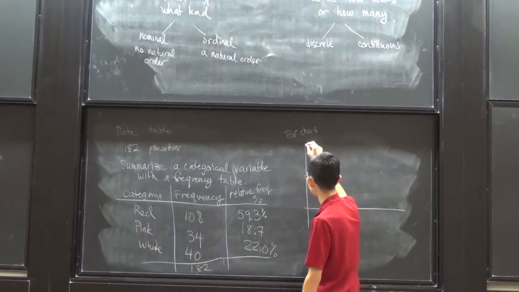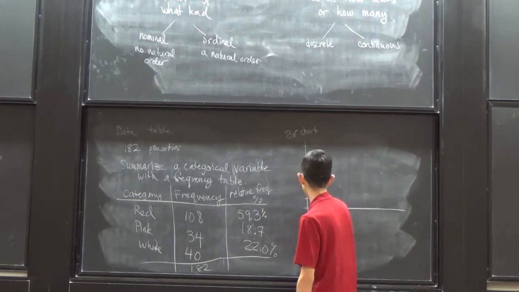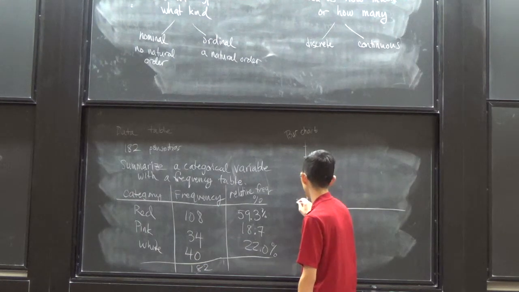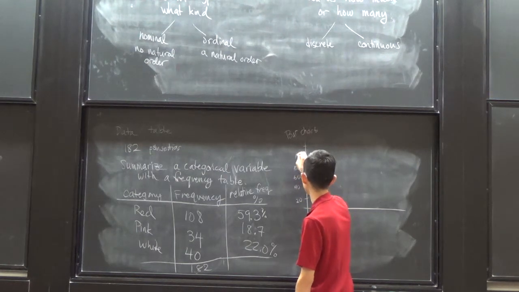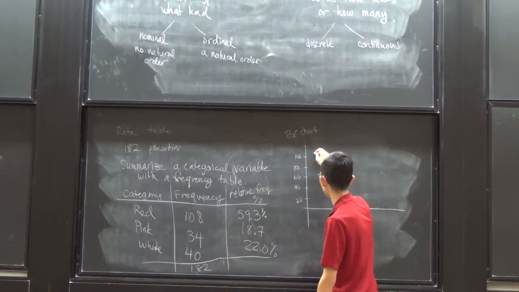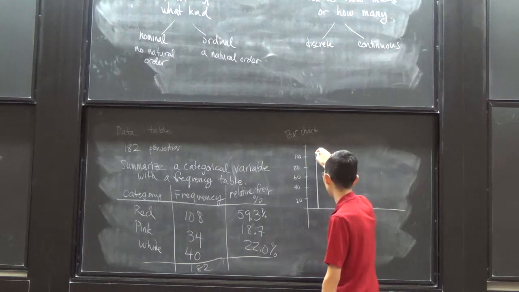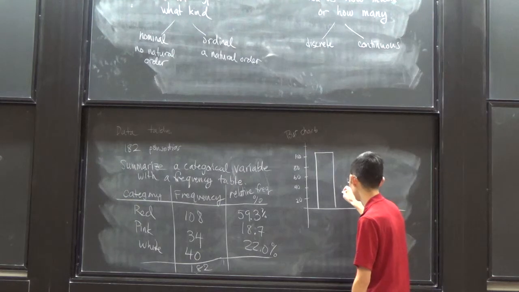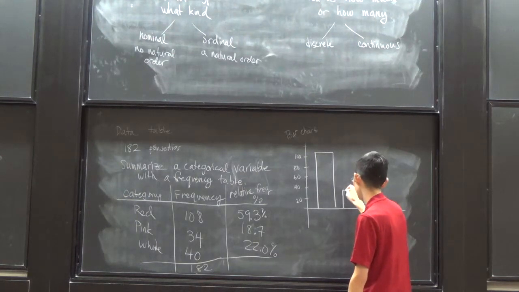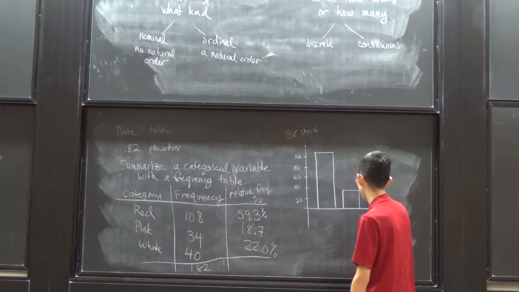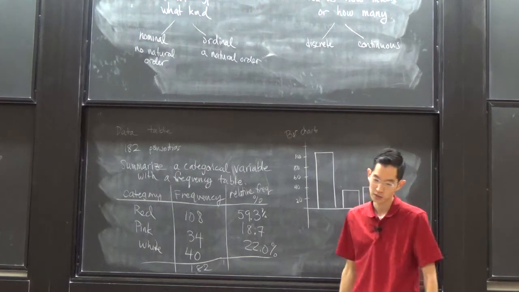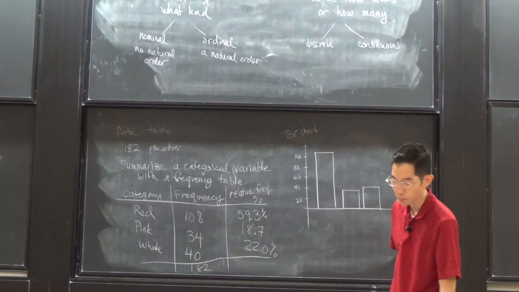So on the vertical axis you would have frequency. 40, 60, 80, 100. So 108, somewhere around there. 34 would be somewhere around there. And 40, something like that.